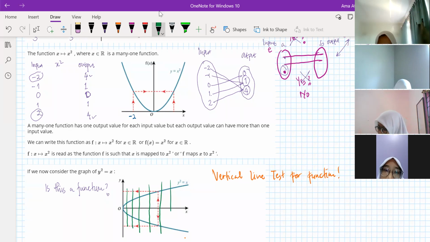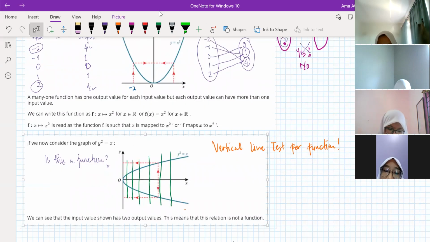Now look at this. If my vertical line cuts the graph at more than 1 point, it is not a function. My vertical line cuts the graph at 2 points. This line, 2 points as well. And this line also cuts the graph at 2 points.